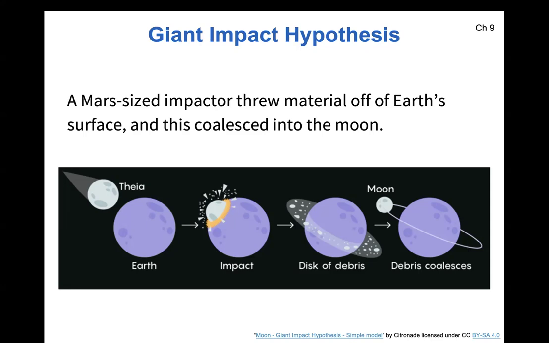if this giant impact occurred, the material that became the disk of debris and then became the moon would have been material from the outer layers of Earth. It wouldn't have gone all the way down to the core. The core would have been left, affected but not ejected.